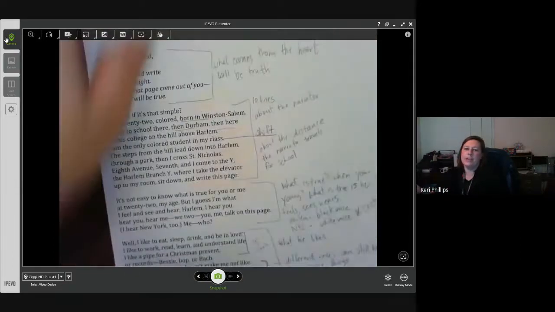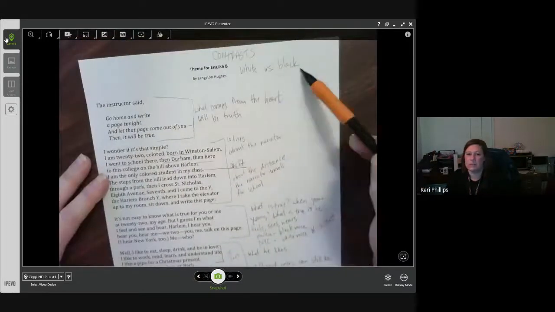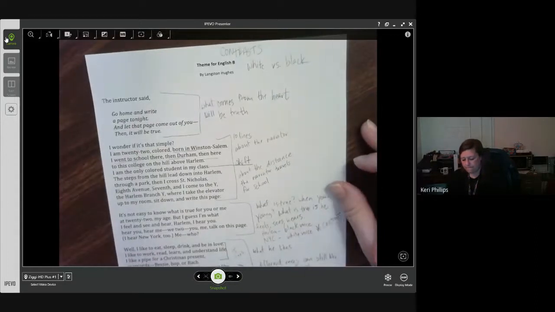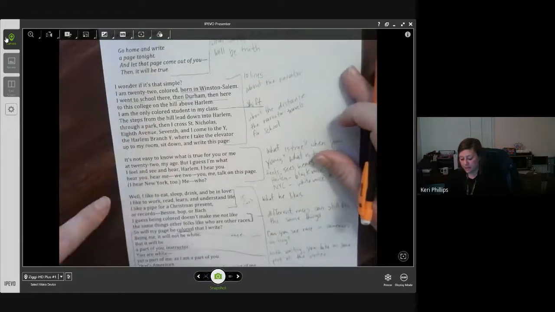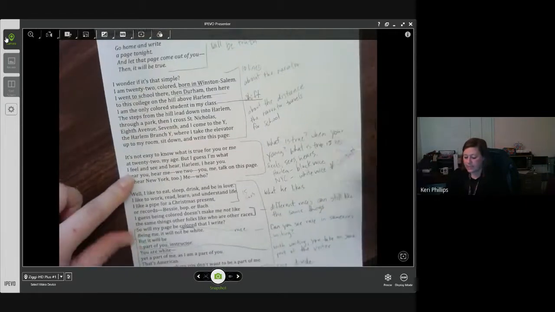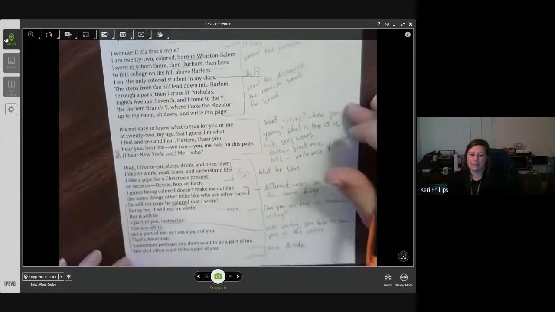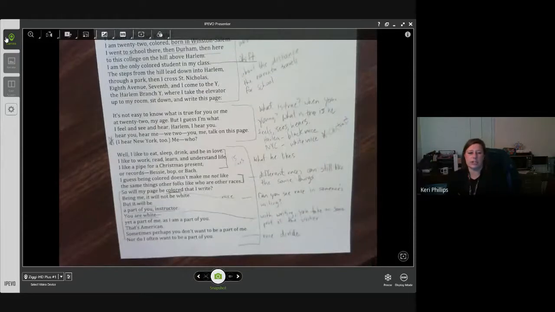Okay. So overall, the main issue here is white versus Black, not issue, but contrast. And it's not until we get into the third stanza really that we notice the contrast, that we should notice the contrast, I should say.